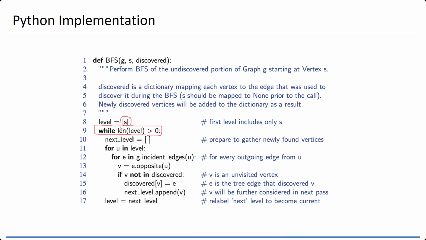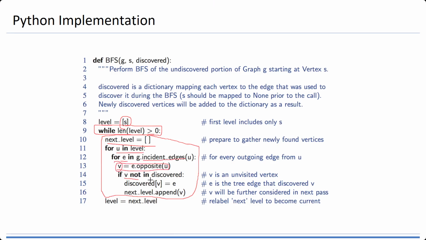Since it is higher than 0, I will go into this section. Now next level equals an empty list. And then for u in the level, let's check if there are some incident edges of u, so check the opposite of u and put it into the variable v.